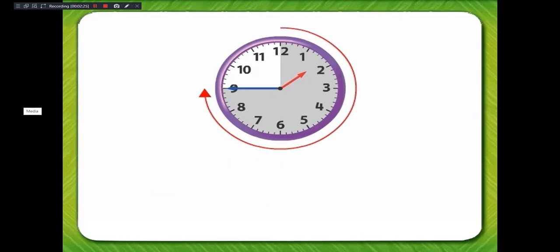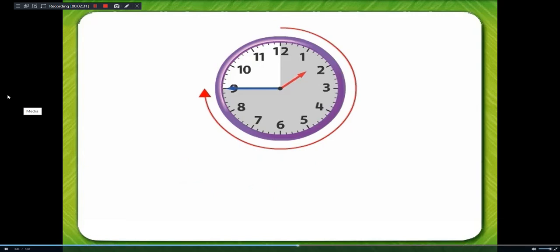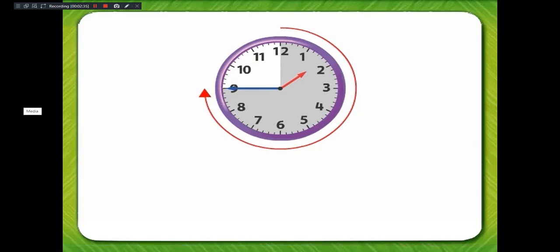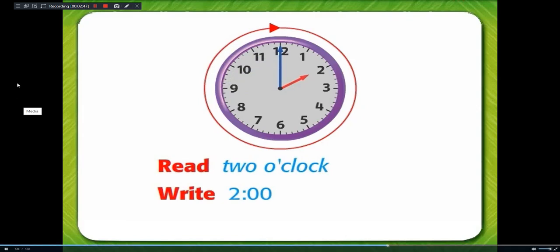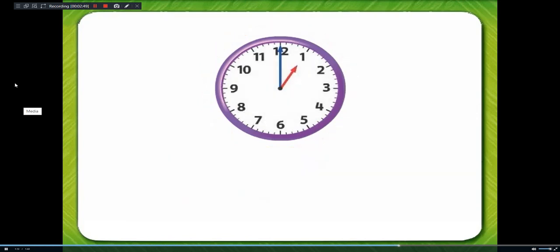Max wants to play with his friends in a quarter of an hour. What time will it be? A quarter of an hour is 15 minutes. Max just arrived home at 1:45. In 15 minutes it will be 2 o'clock. So Max wants to play with his friends at 2 o'clock. How many quarter hours have passed since Max went to the dentist?